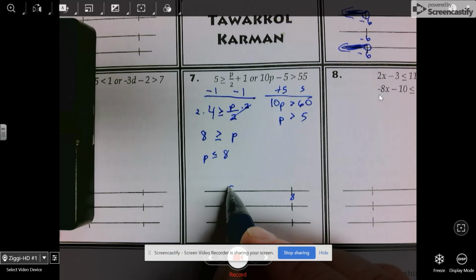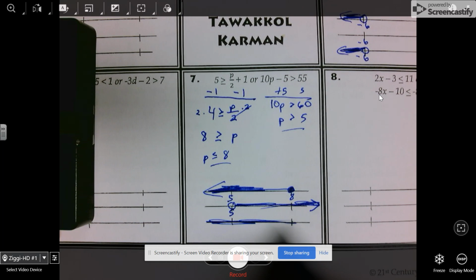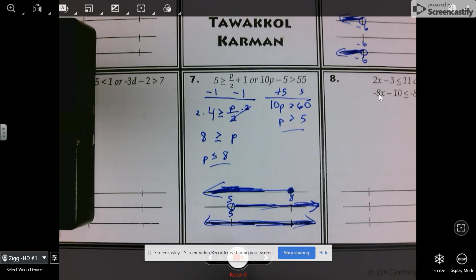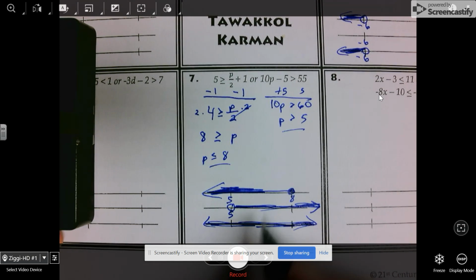So I have an arrow going that way and an arrow going that way. Since this is an OR problem, my solution would be the whole number line, all real numbers. If this was an AND problem, then it would be the overlap, but it's everything that's on there. Also known as all reals.